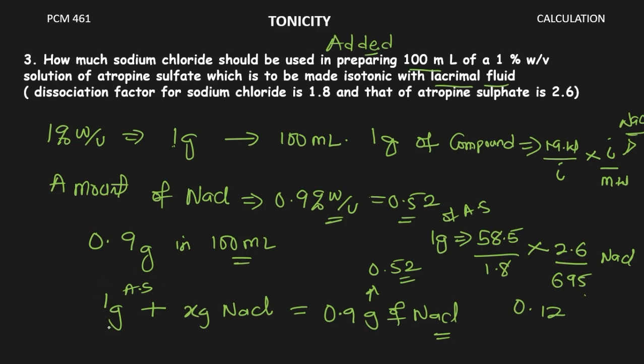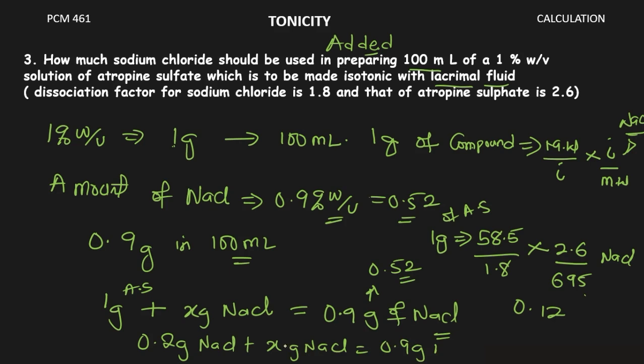So in place of this 1 gram of atropine sulfate, what are we going to put there? 0.12 gram of sodium chloride plus X gram of sodium chloride, this is equal to 0.9 gram of sodium chloride.